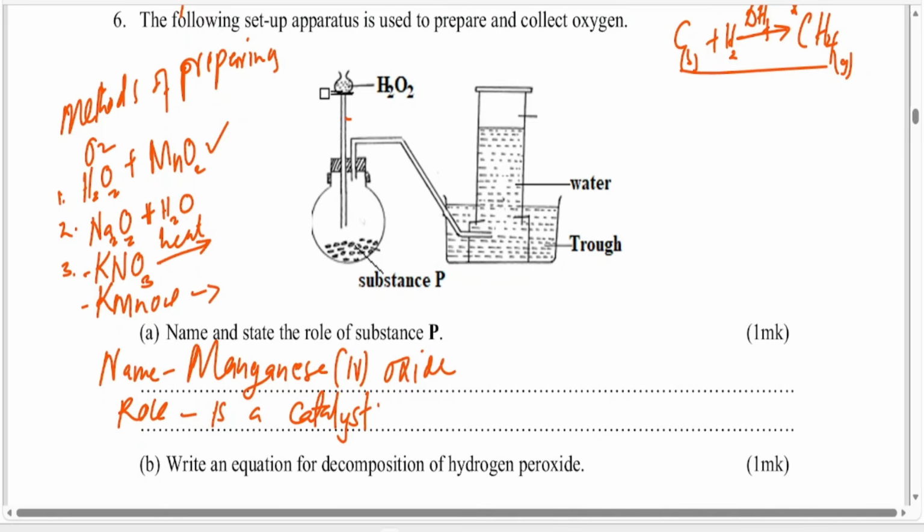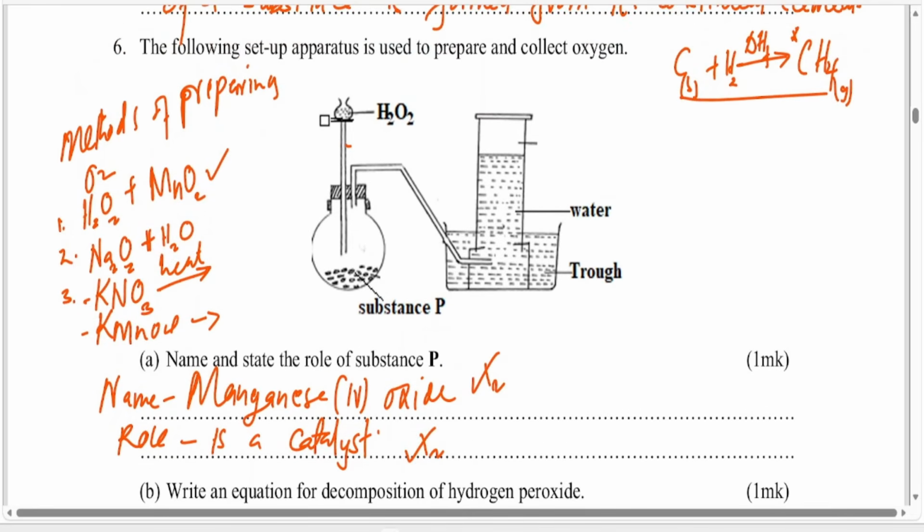Or you can say it catalyzes the reaction that leads to formation of oxygen. So stating the name has a mark, and stating the role has a mark. So the gas means that it is oxygen gas.